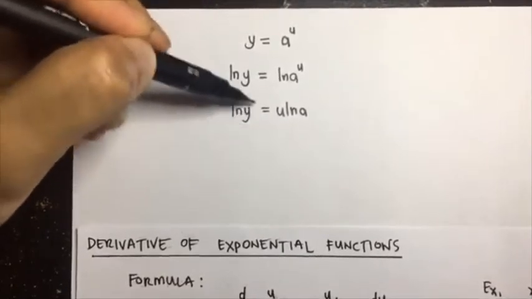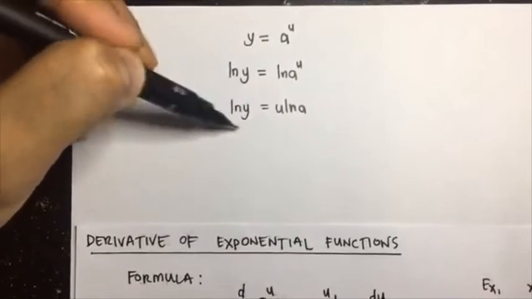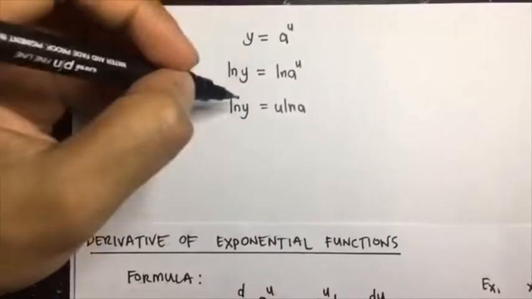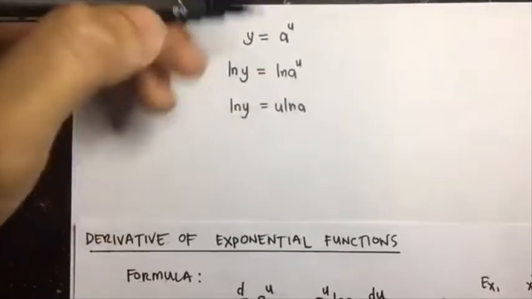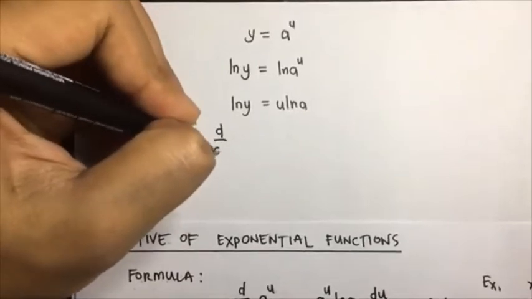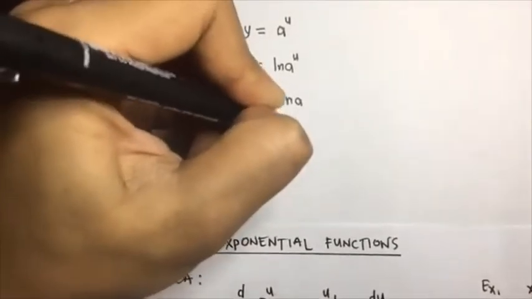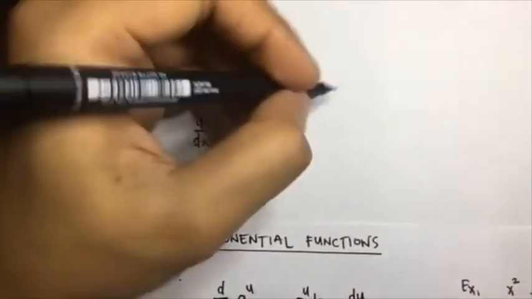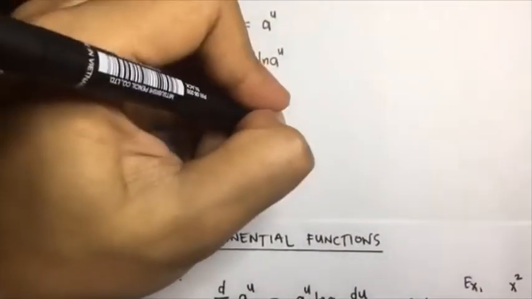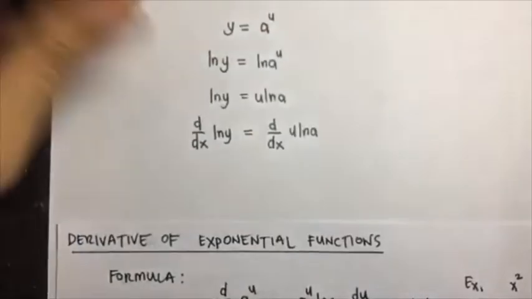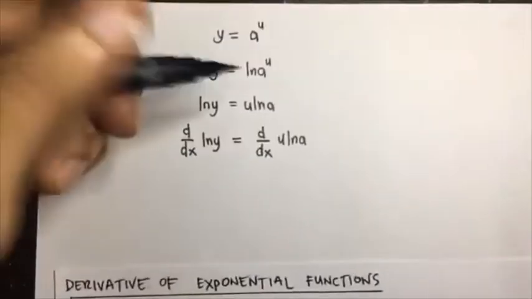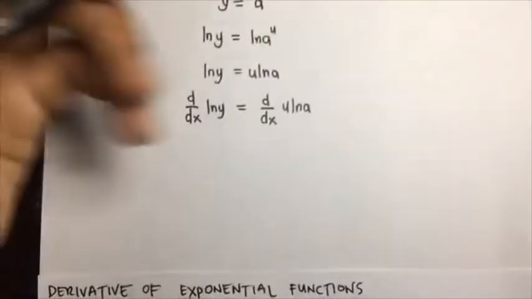So derive ln of y with respect to x, and derive u ln of a with respect to x. So the derivative with respect to x of ln of y is equal to the derivative with respect to x of u ln of a.